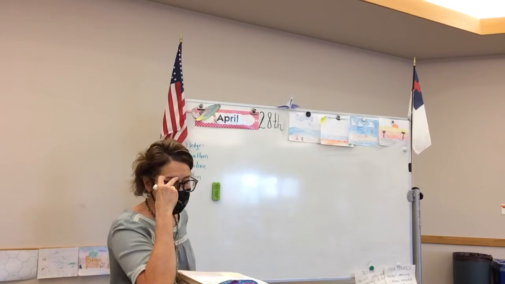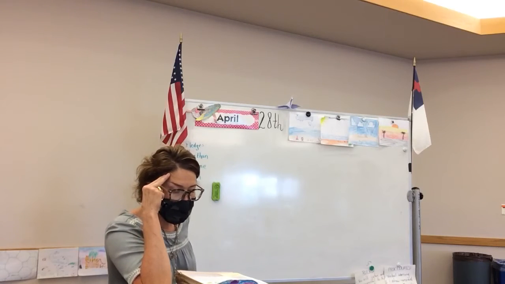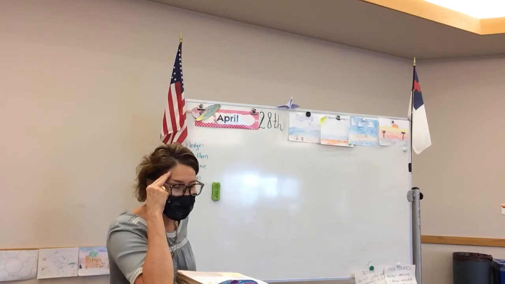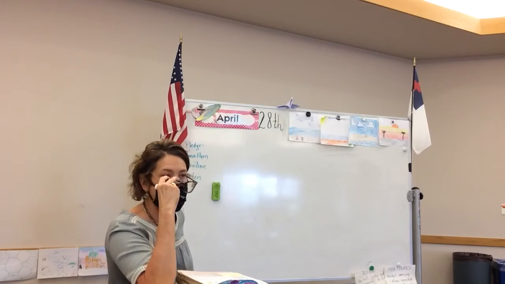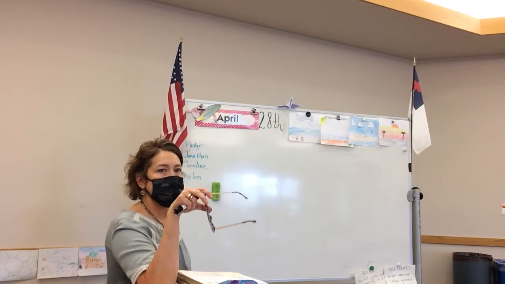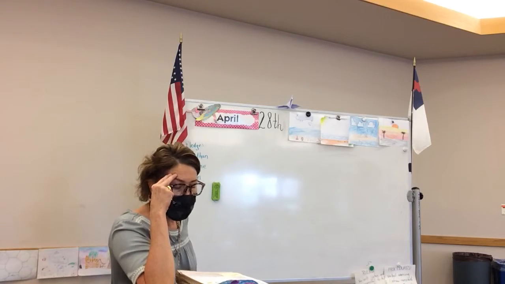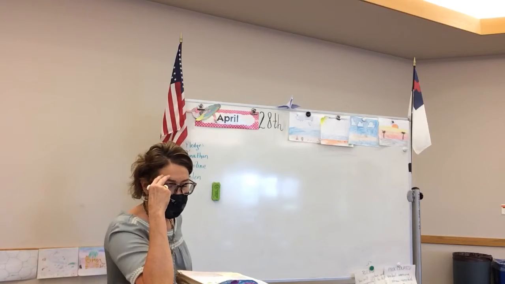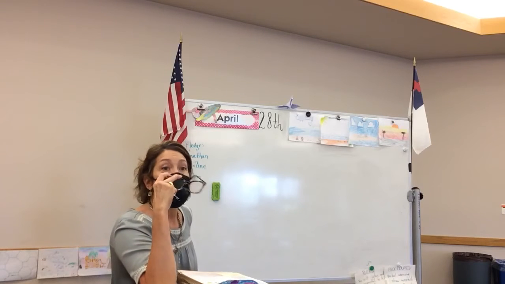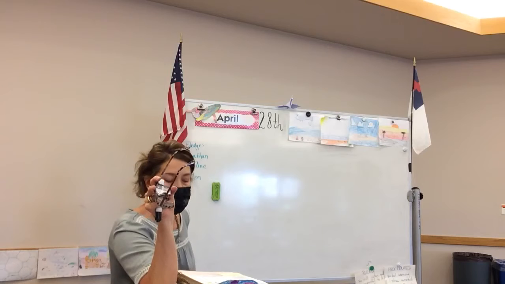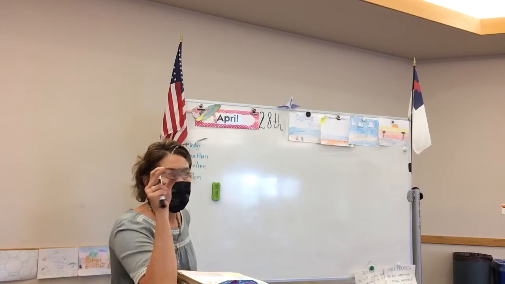All right, let's move on to the next one. What is going to be our whole number on C? What is the whole number? Jonathan? The whole number on C. C, Jonathan. 1. Whole number.